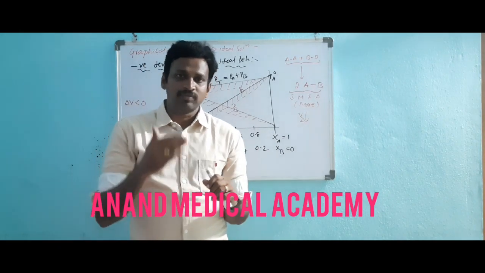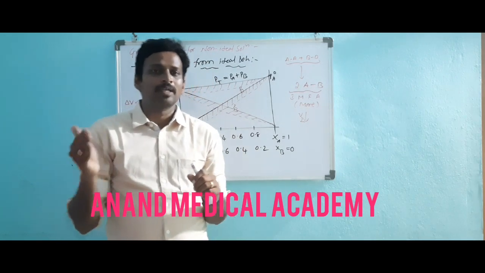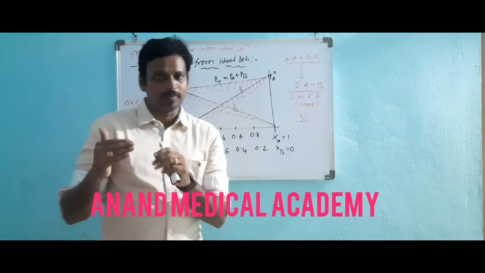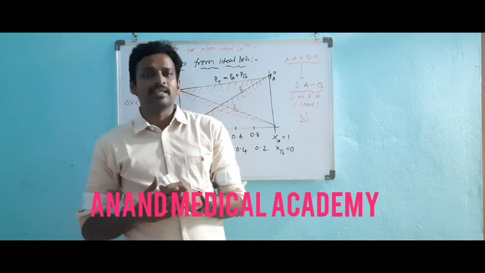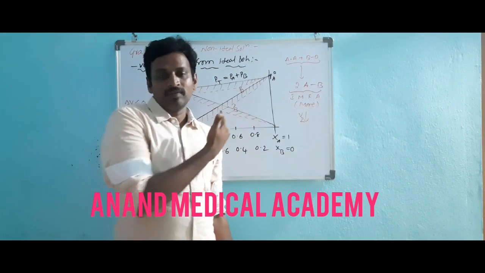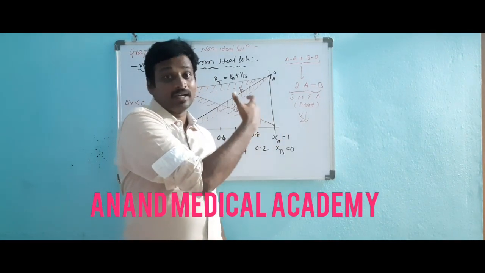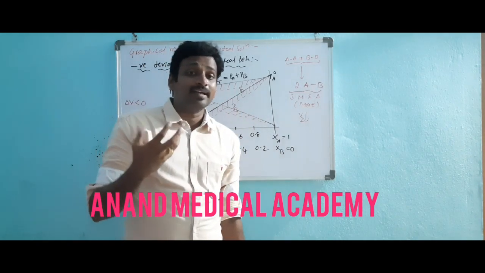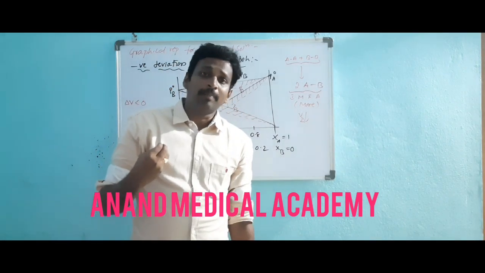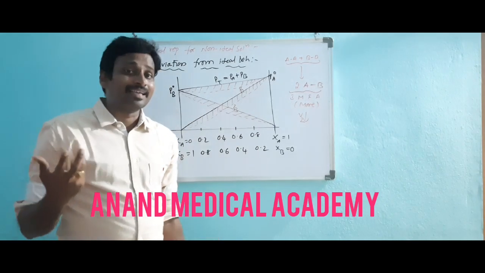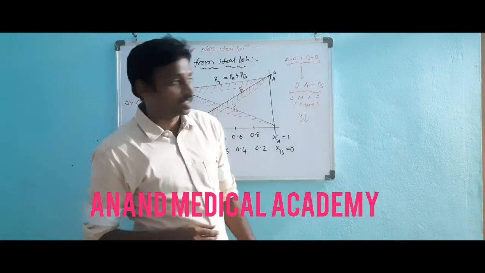So we have the relation P total equals PA plus PB, or P total equals PA naught XA plus PB naught XB. Afterwards I gave ideal solutions and their graphs, and previously how to calculate the mole fraction of a particular solute and solvent in the gas phase or vapor phase.